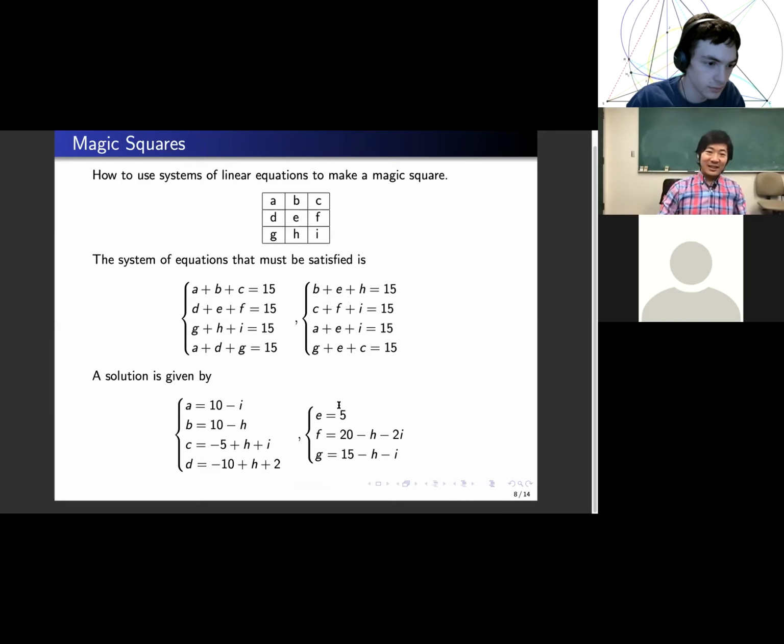To get the magic square in the first example, you would plug in, I believe, I equal to 2 and H equal to 9.